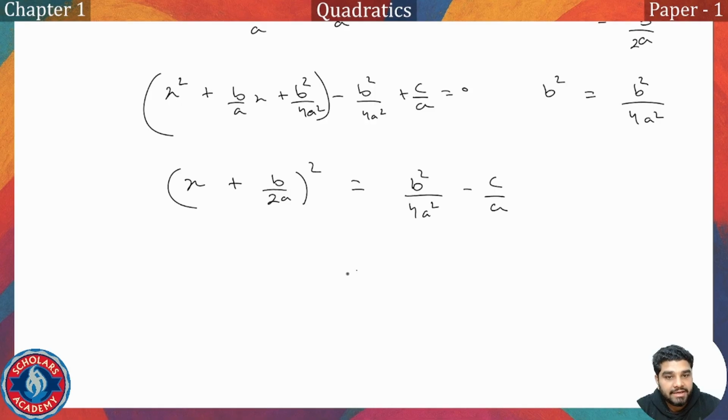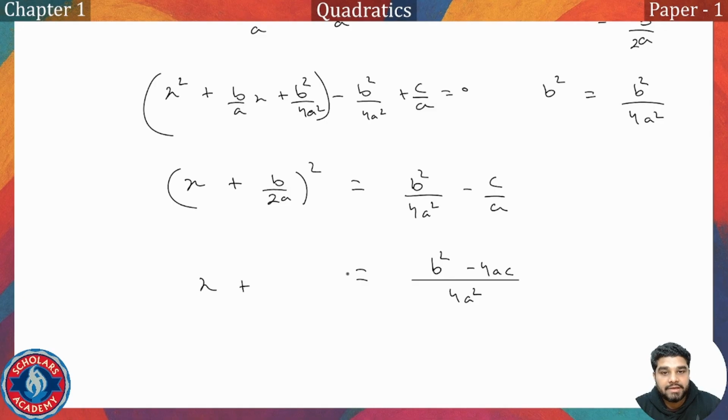I'll simplify the right-hand side. I'll take the LCM, that is 4a². The b² will not change, nothing to multiply over here, but we'll multiply 4a and c. So we get b² − 4ac over 4a².